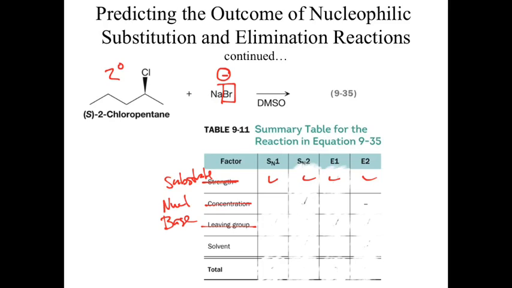Number one, that tells me I don't have a base, which means I can't check off elimination reactions, but I can now check off nucleophile sections, and I'll be checking off the SN2 because that is a strong nucleophile with that negative charge. And in the base one, I could almost just cross out, because it's not a base.